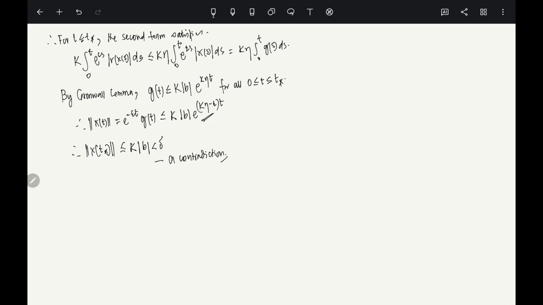What we proved is that if there is a solution which starts in a neighborhood of b star, it stays there, and for all time t it is defined and stays in the neighborhood. Since the norm of x of t is less than k times mod b e power (k eta minus epsilon) t, and k eta minus epsilon is negative, as t tends to infinity the norm of x of t must go to 0. And 0 is an equilibrium point, so it is asymptotically stable. Is it okay? That's how you prove this theorem.